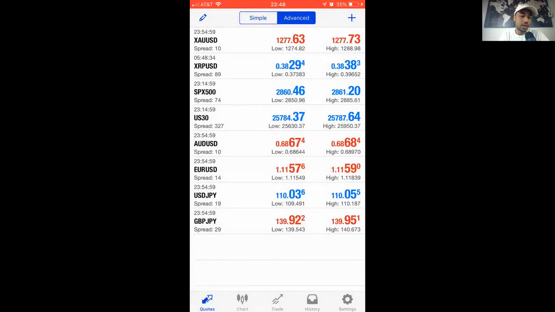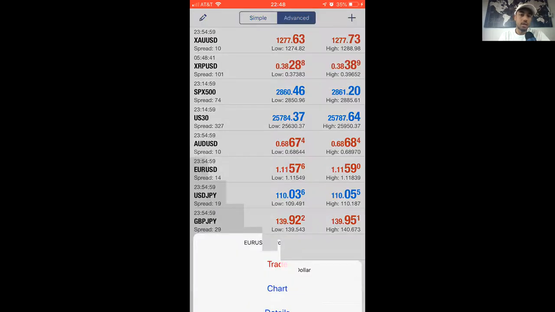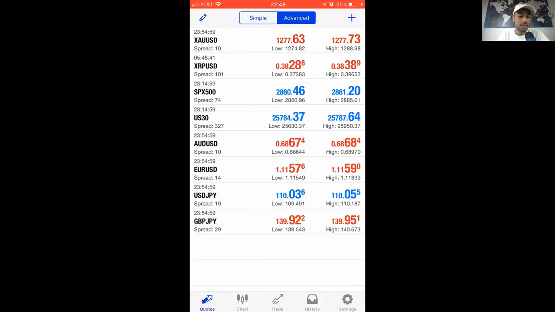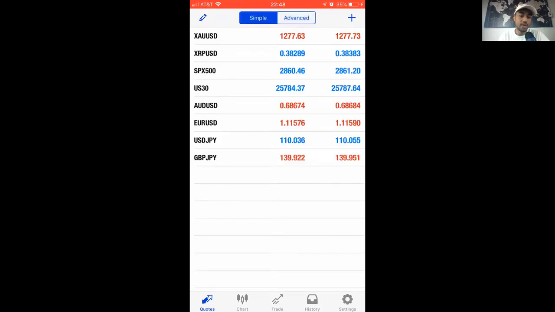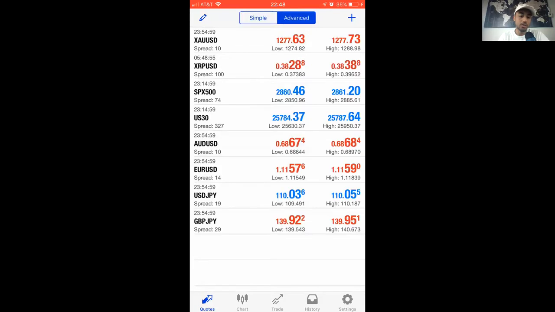Before then, you see the section right here. I don't know if I can show you exactly, but either way, you can see where it says 1.11576. Mind you, it may be on simple or on advanced, so just click over to advanced.